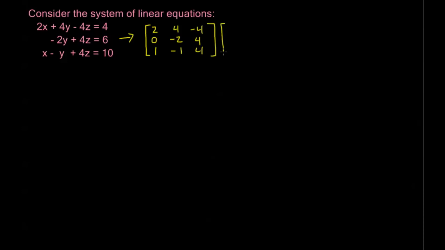And we can multiply that by our variable vector x, y, z. And then we get our solution vector 4, 6, 10.